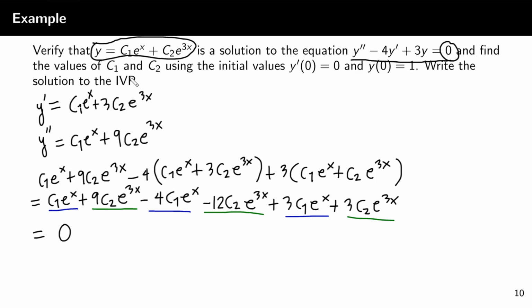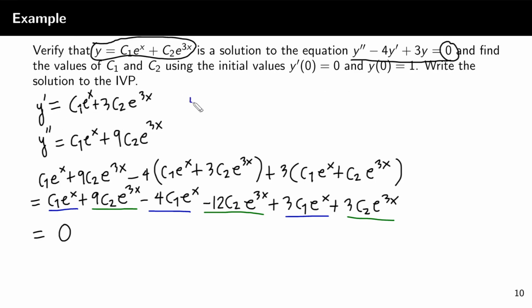Next task. Find the values of c sub 1 and c sub 2 using the initial values. y prime of 0 equals 0 and y of 0 equals 1. Okay. Let's start with y prime of 0 equals 0. So this is our y prime.